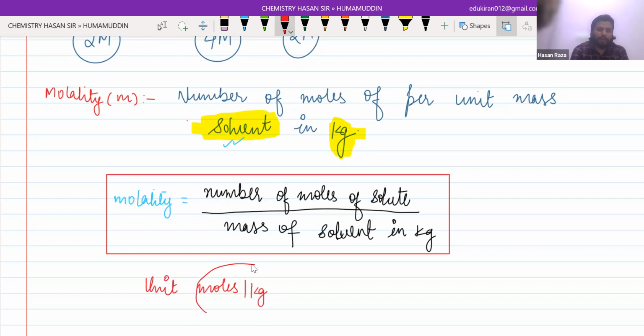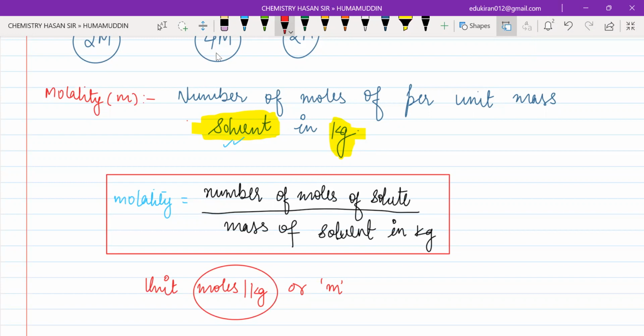So the unit will be moles per kg, or we can directly write a small m, the way we did for molarity. Are you getting my point? Yes, sir. Okay, so please do write it.